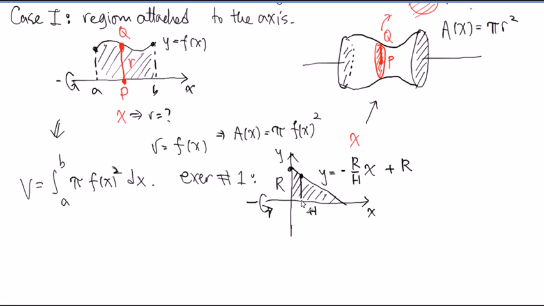This is the line that is actually being rotated, and that must be the radius of the rotation. Okay? And then you use this formula. Okay, so that's your exercise. Stick this thing into this formula in here. Compute the integral, where capital R and H are all constants, right? All constants.